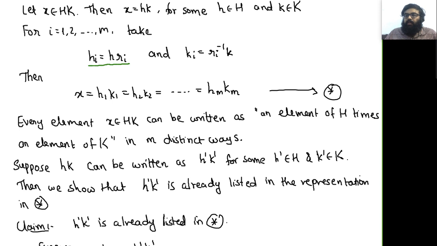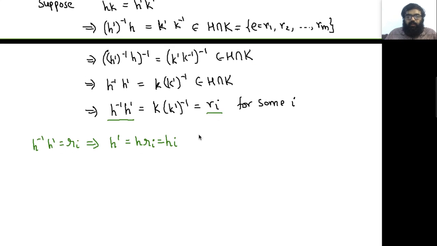And similarly here also, what do we have? Ki. So Ki is what? Ri inverse K. So that's what K dash is. So now we apply this. We have K dash inverse equals Ri, right? And from this we want K dash. So what we do?